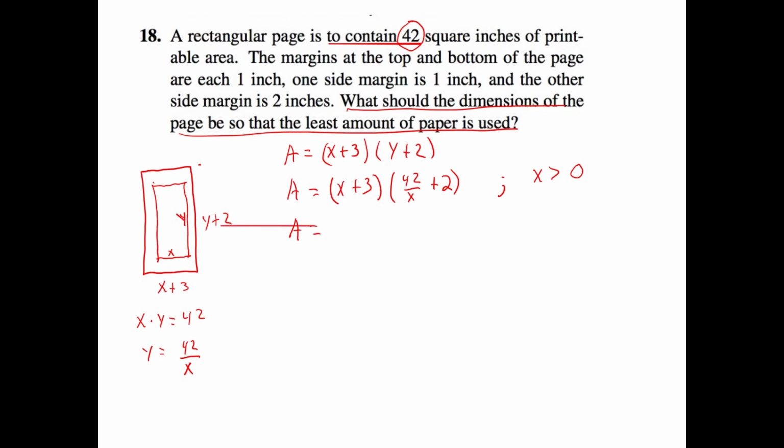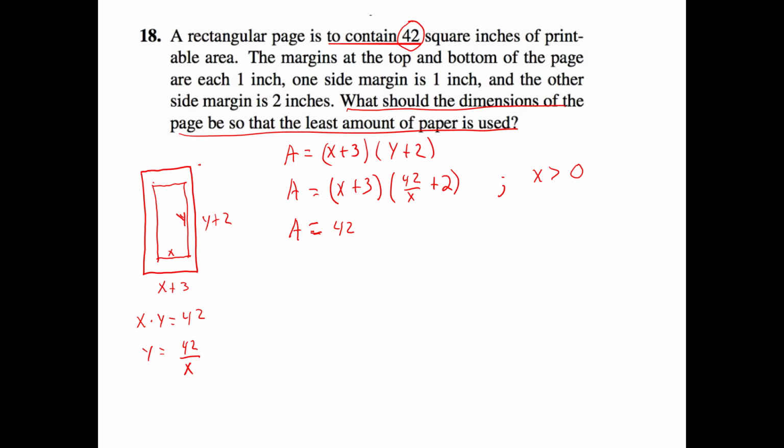Let's expand this out. Take a moment to expand this out. Take your time, pause it, do some of the work, hit play, see how you did it, see how I did it. So the x times the 42 over x will just be 42.